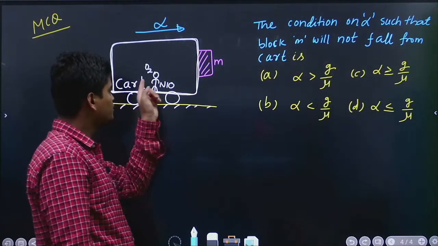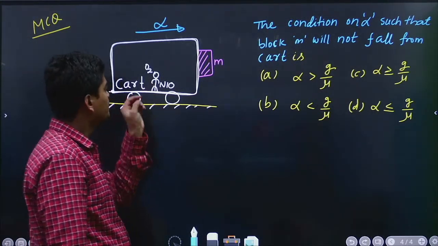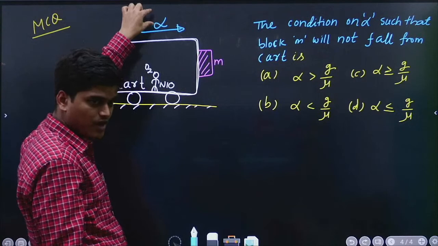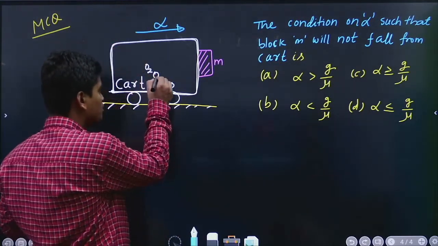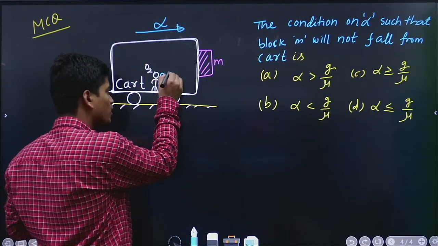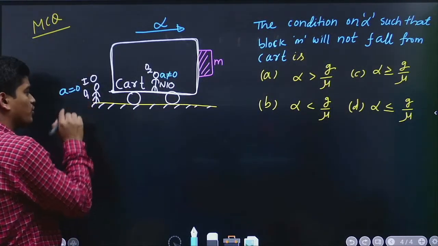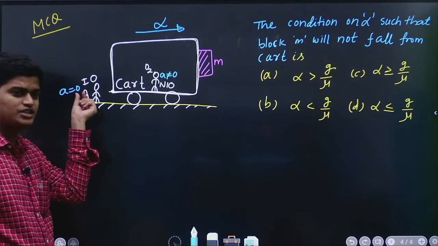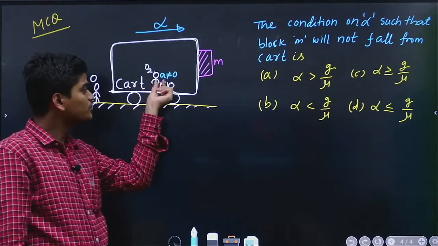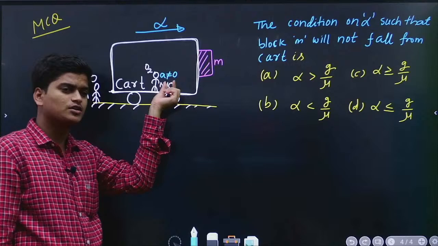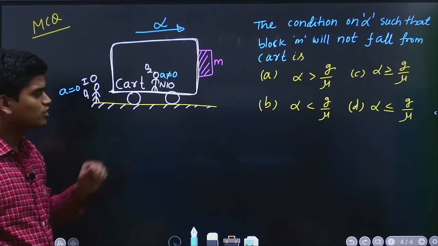This observer is moving with acceleration alpha, so this observer's acceleration is not equal to 0, but this one's acceleration is 0. Acceleration 0 means inertial observer; acceleration not equal to 0 means non-inertial observer or non-inertial frame.